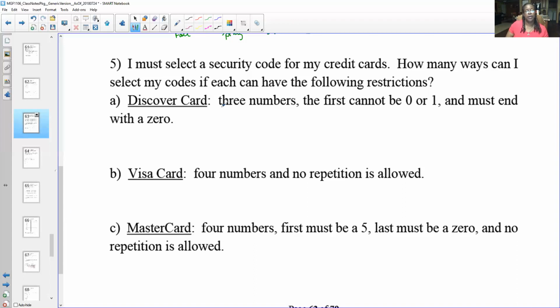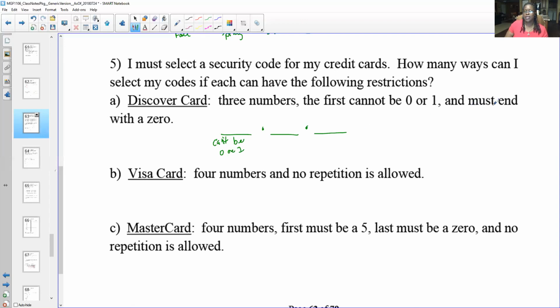Discover card. 3 numbers. There it is, 3 numbers. 1, 2, 3. All right. What about these 3 numbers? The first number can't be a 0 or 1. Okay, so it can't be 0 or a 1.